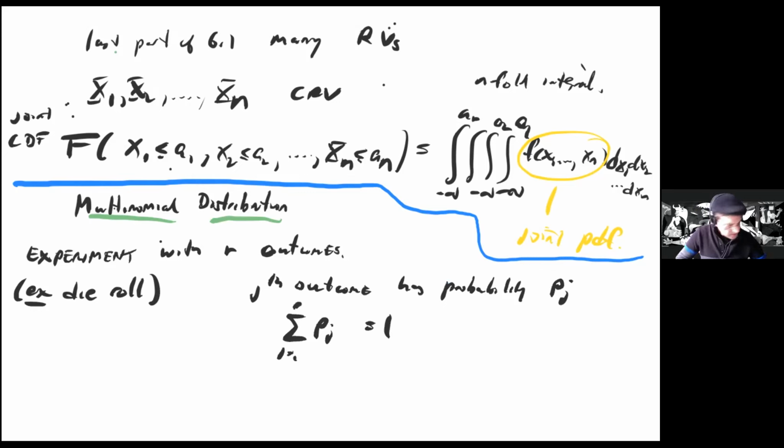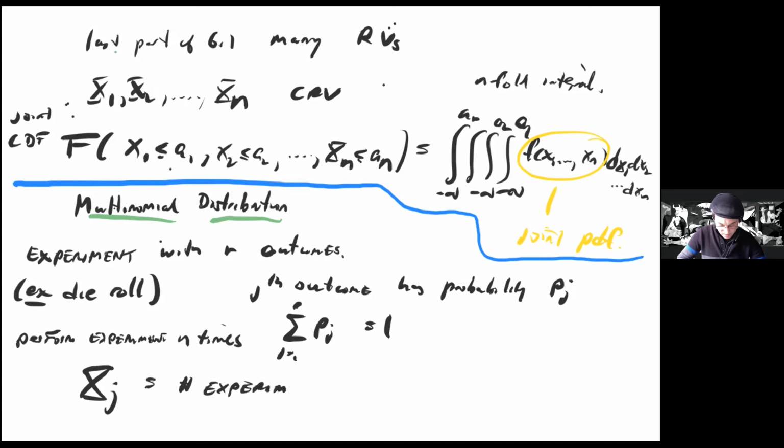Okay, so now suppose we perform this experiment n times. For example, roll a die n times. And let x sub j be the number of experiments in the n times that you've done the experiment which have outcome j.